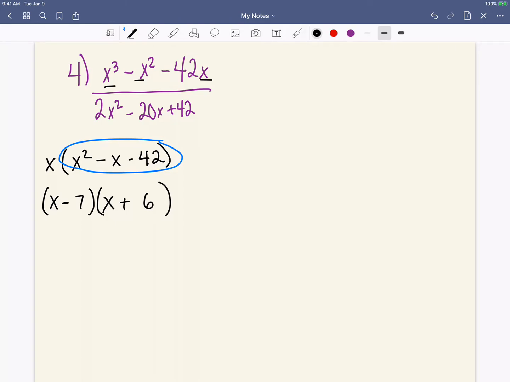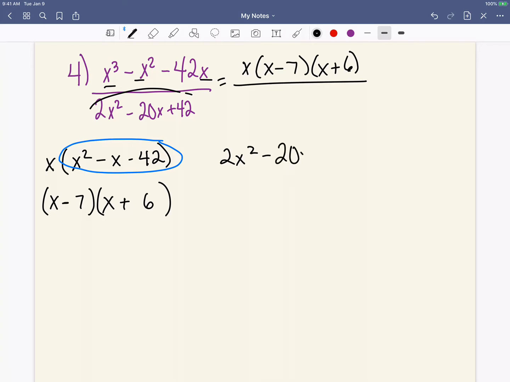To me, I prefer the long way, especially for problems like the one we have in the denominator, where we have, and I'm actually going to write it already, x minus 7 and x plus 6. So if I have this 2x squared minus 20x plus 42, you can do the long way.